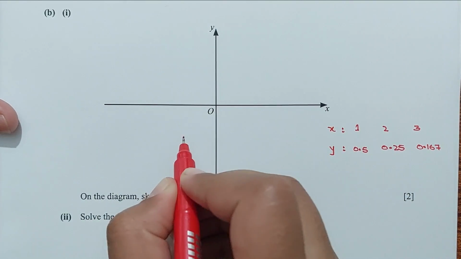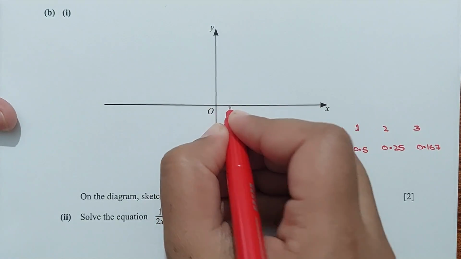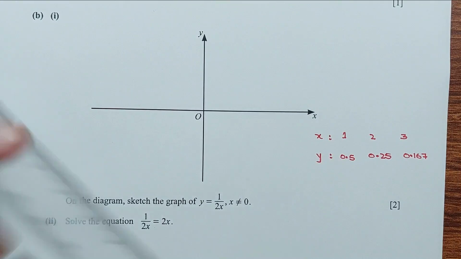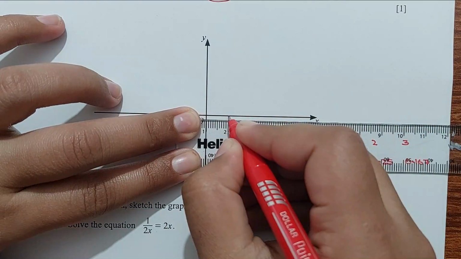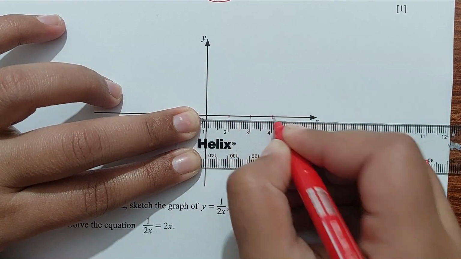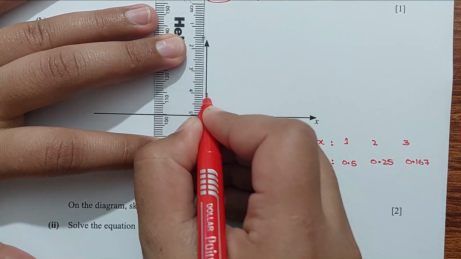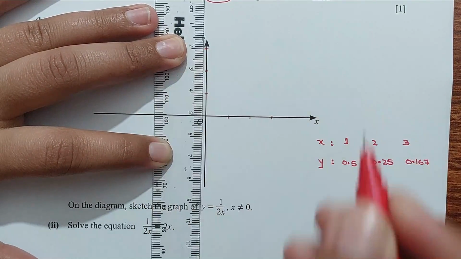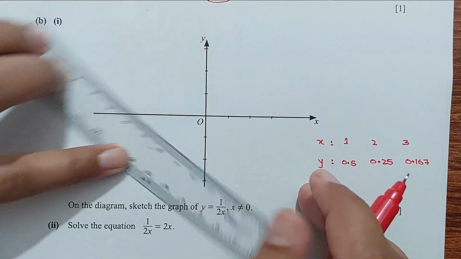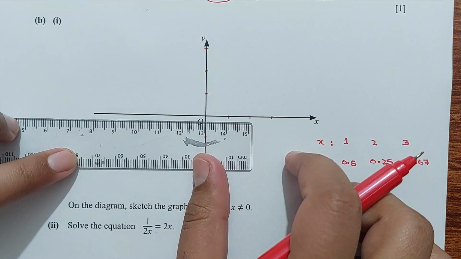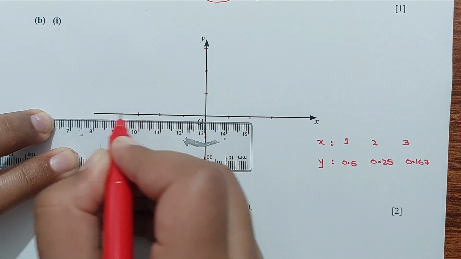So in terms of centimeters, we are taking 1, 2, 3 on the axes, for the bottom ones as well, and for the other x values. We will do the negatives as well.